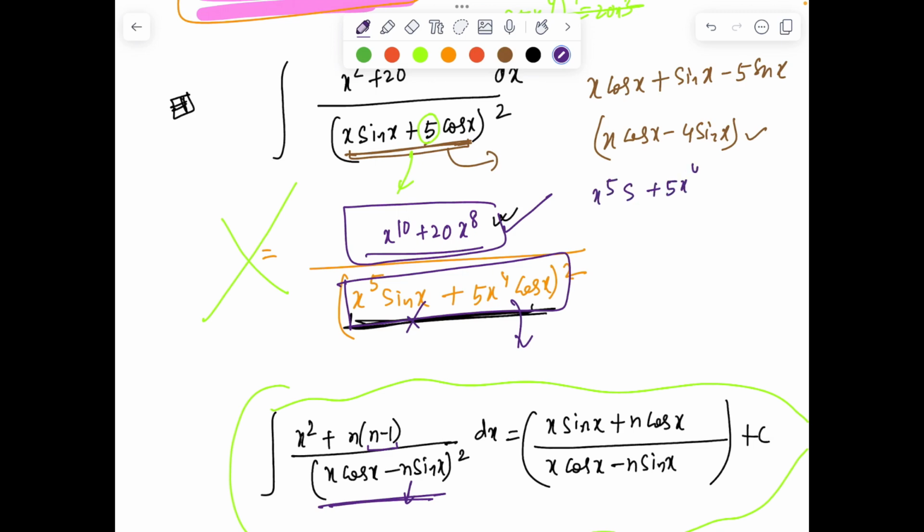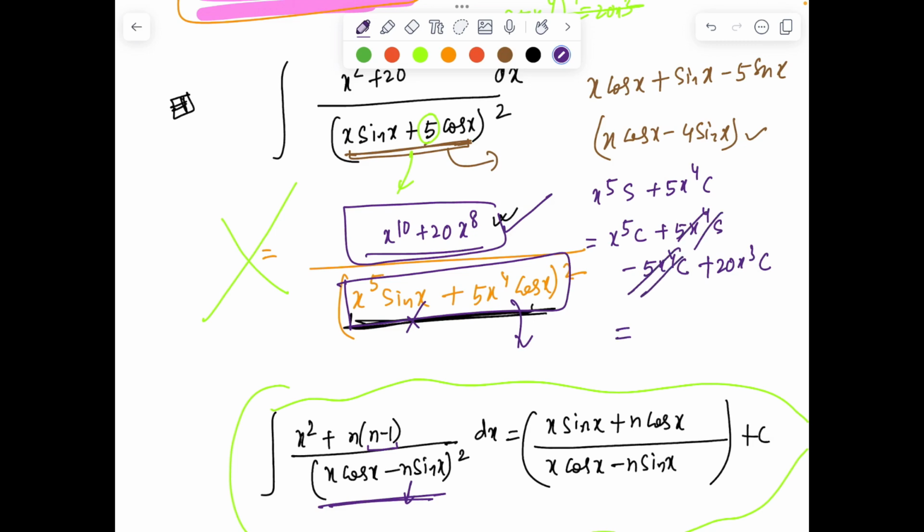So x to the power 5 sin plus 5x to the power 4 cos, probably we could have differentiated, and let's try. So we'll get x to the power 5 cos plus 5x^4 sin, and we have minus 5x^4 cos, and that feels crazy, plus 20x cube cos.